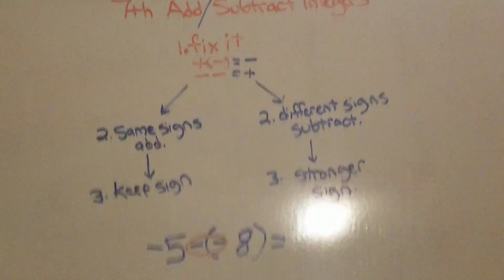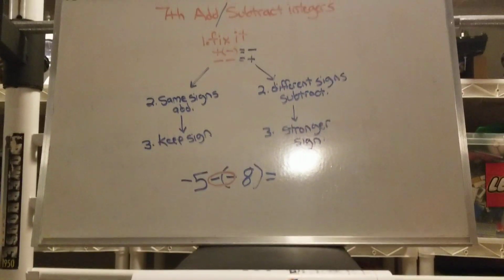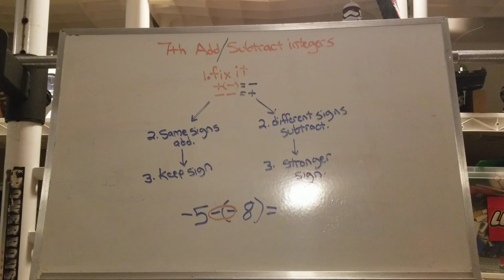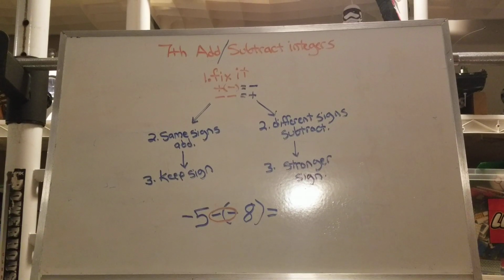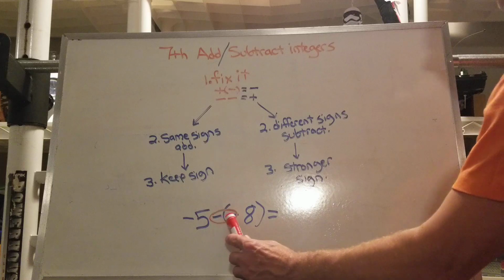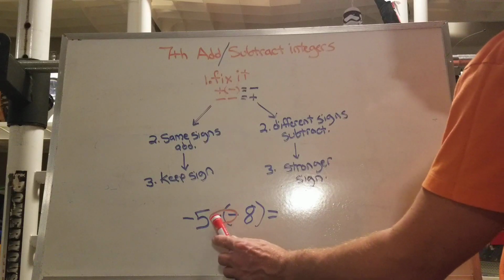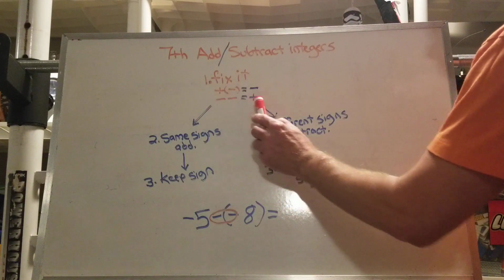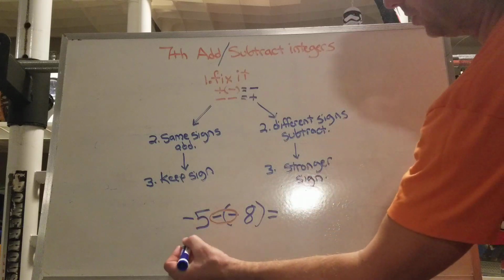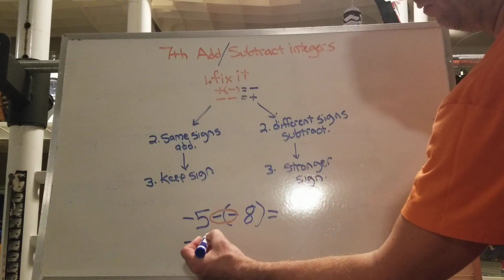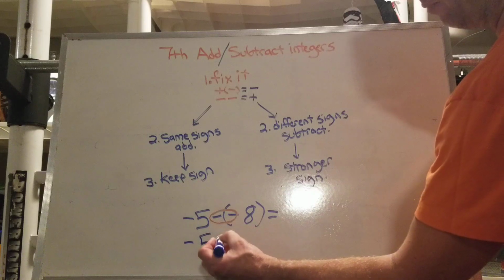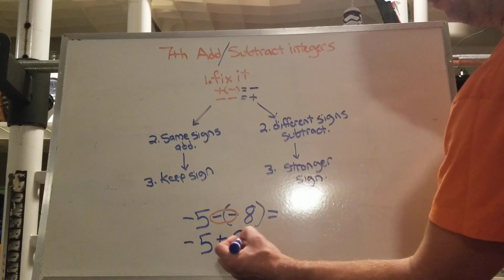Sorry, guys. Zoom out a little bit. There we go. Okay. So those 2 minus signs are touching each other. I'm changing just those 2 signs into a plus sign. So this is still a negative 5 over here. I have negative 5 plus 8 is my new problem.